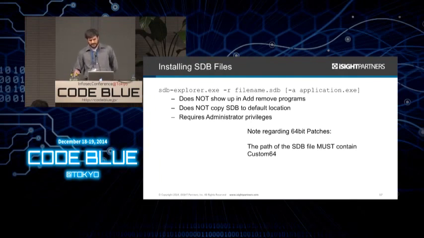So then if you do that, you have to be aware that if you're dealing with 64-bit patches, somewhere in the path needs to be the word custom 64. And my program is not immune to the administrator privileges required anyway, so either way you need administrator rights to be able to register, install these files.